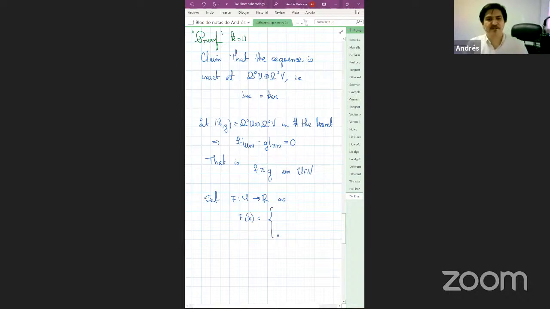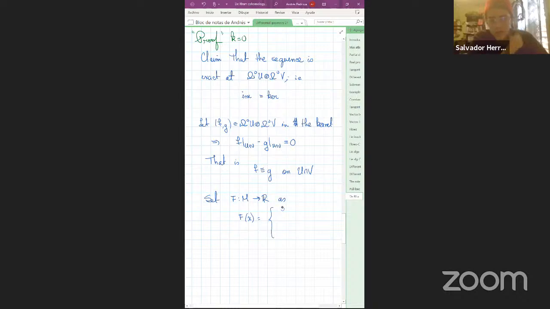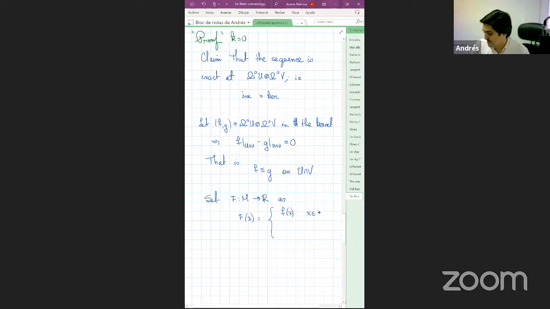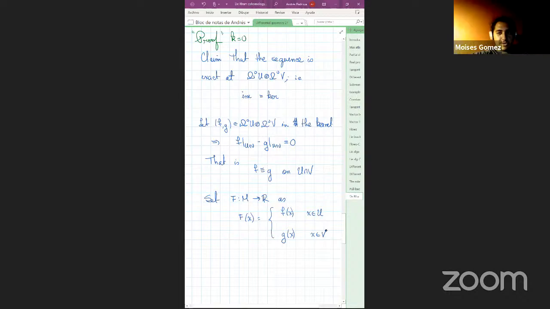How do I define this function? On U as f, and on V as g. And why does it make sense? Because they agree on the intersection, right. So this function is well defined.